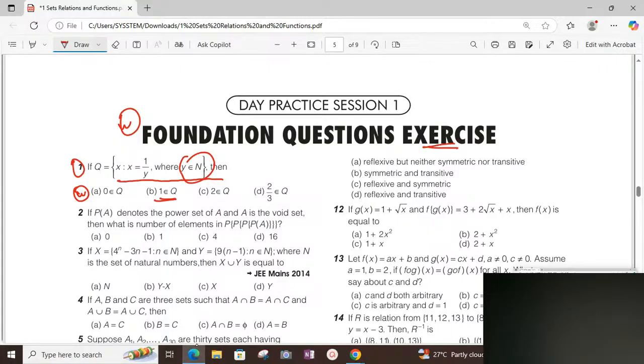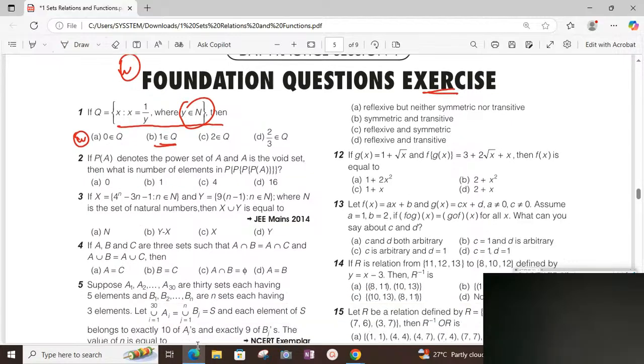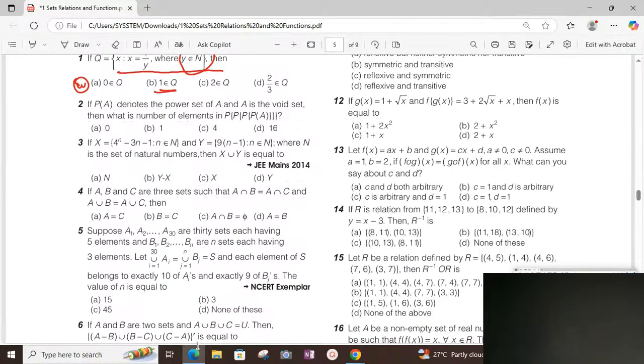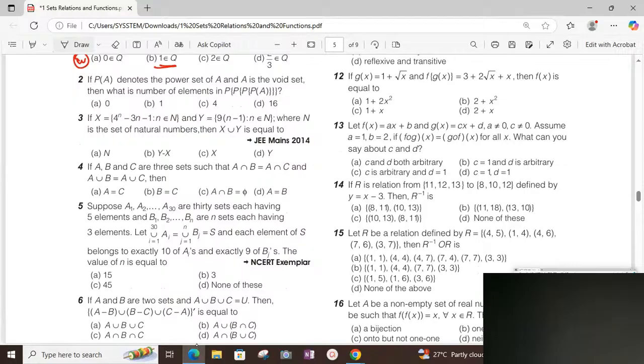Observe, there is no problem to pick out the correct option of question number 1. Let's see the next question. PA denotes the power set of A, and A is the void set.